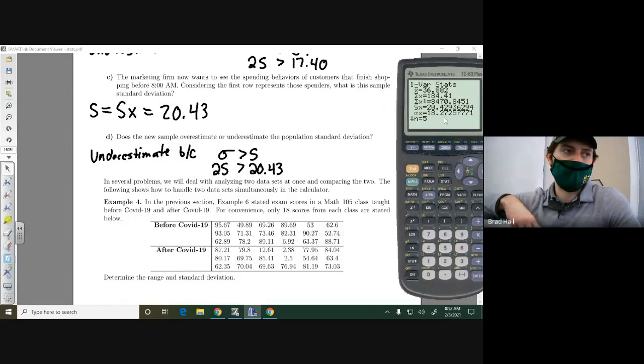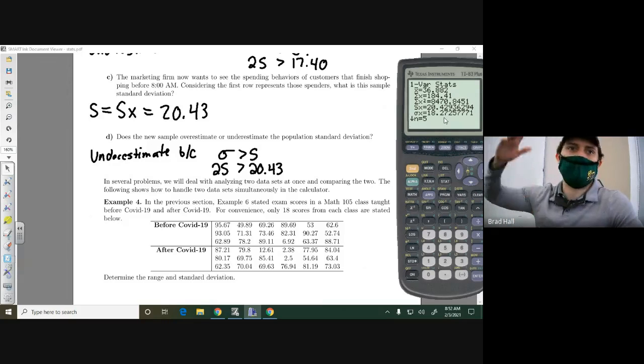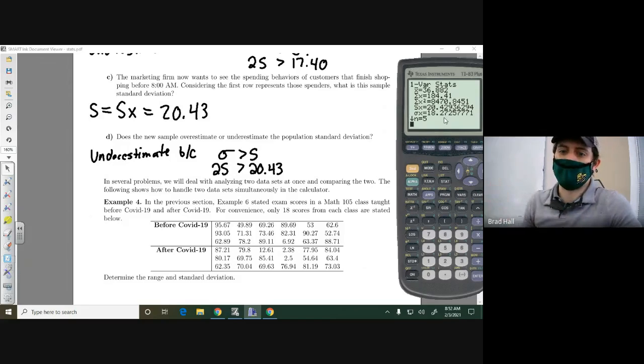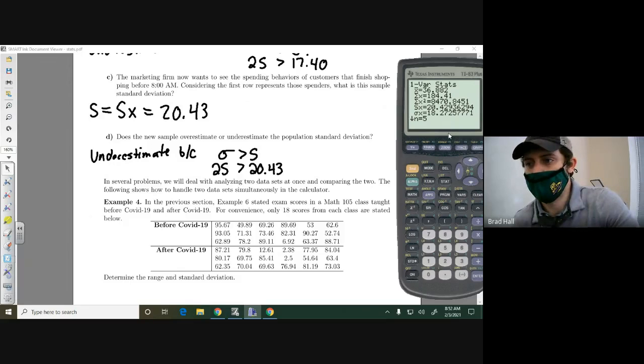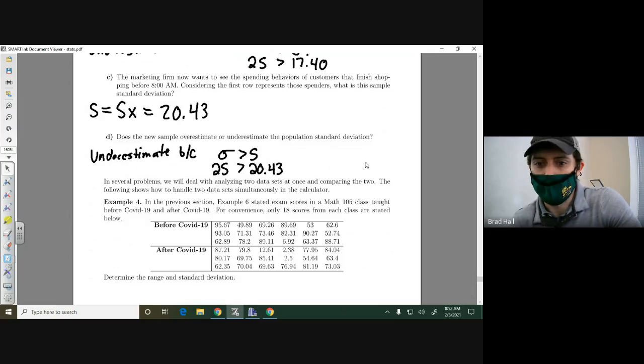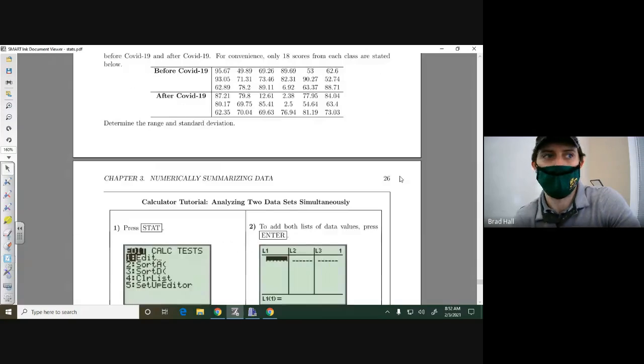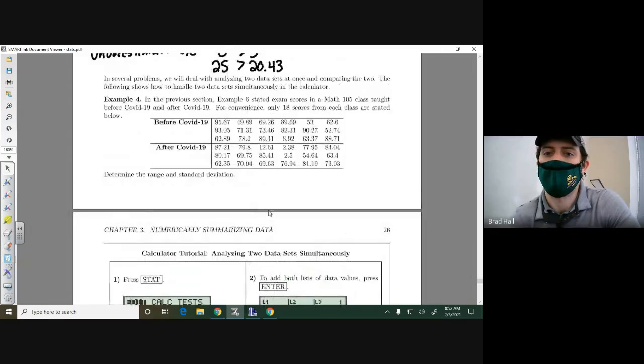You erase that list, and then you do another list, and you get a whole new set of data, and you write all of that down. Or you can do it all at once in the calculator. You can analyze two data sets at once in the calculator. How do we do that? Well, the next page in the notes actually describes that step by step, and we'll do it here as well.